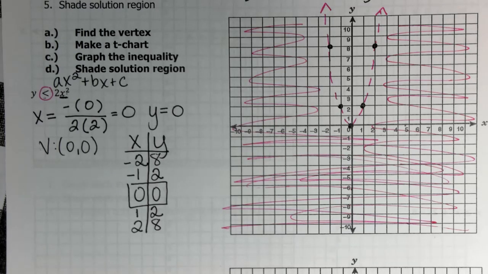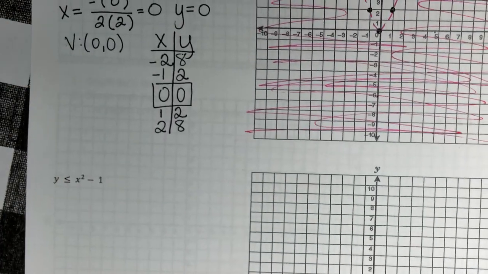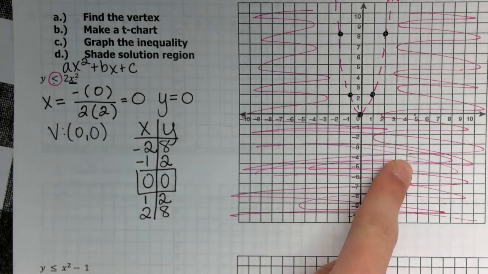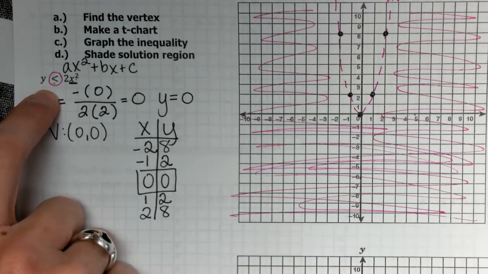Okay, so when you're shading, the direction of opening for your parabola does not determine where you shade. It is starting at the vertex regardless of the direction of opening and going up or down. Okay? Alright, and then you're done. So if I were to choose any point in this area outside the parabola and plug it in, it would be true for this inequality.